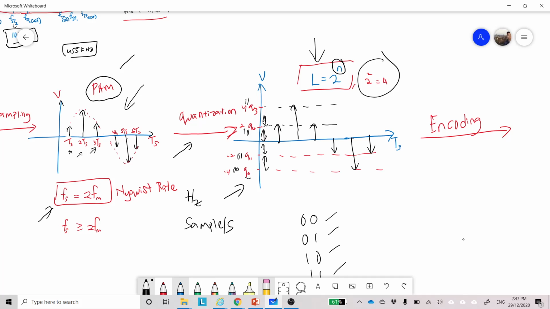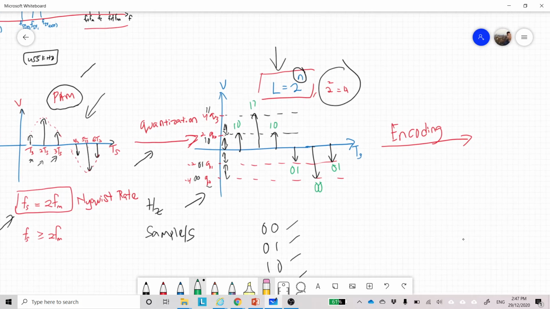So apa yang berlaku adalah, untuk sampel yang pertama, ini berdasarkan example saya, first quantized value is 10, kerana dia dibundarkan kepada Q2, and then the next quantized level is 11, 10, 01, 00, 01. Ini dalam saya punya contoh.